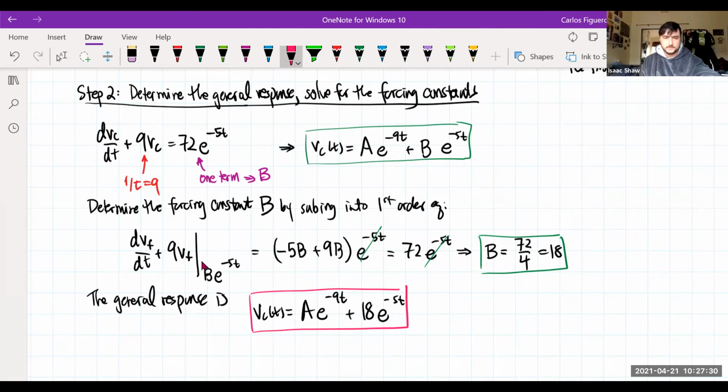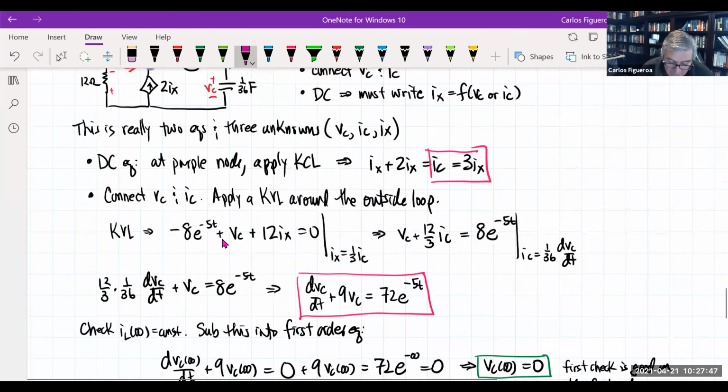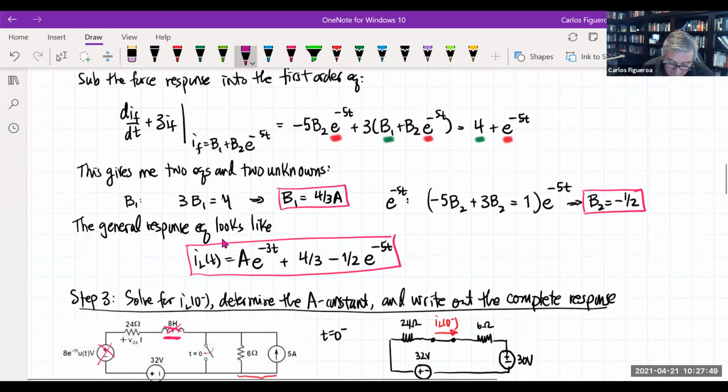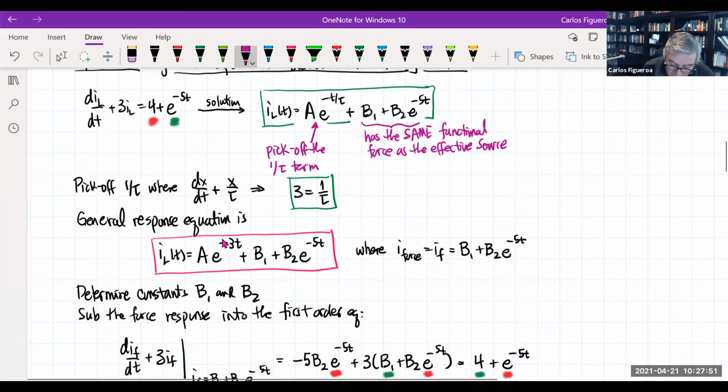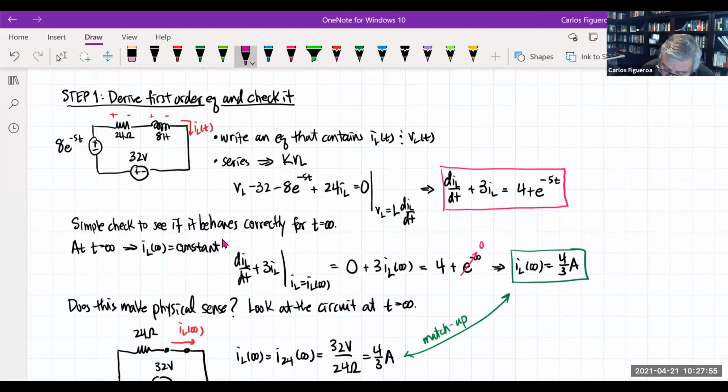Carlos, yes. What was the logic that told you that there's only one B term? Because what you're finding here is that there's only one term right here. Now, if I go to the other one, look at the other one. When I came here, look at the source. The source here had two terms, 4 plus e to the minus 5t.